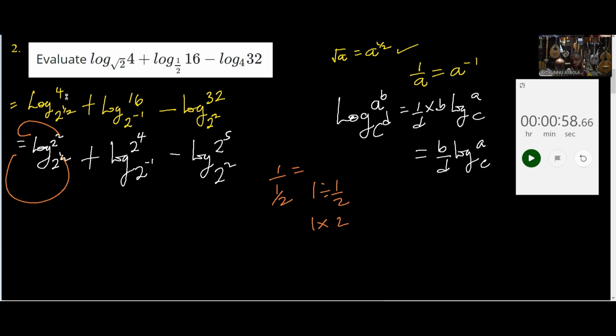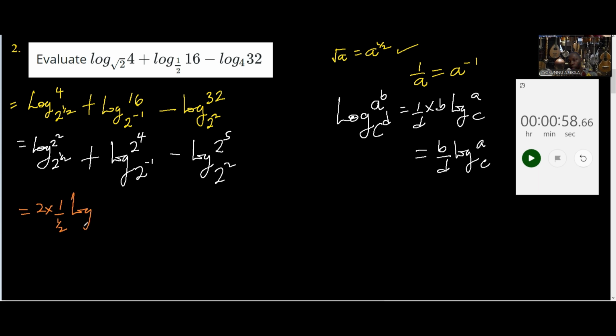Hold on. I want to remove some markings I did here. So with this, we have this equal to 2 that is coming, which is the power, then times 1 over half, which is the 1 over the power of the base. Then log 2 base 2.